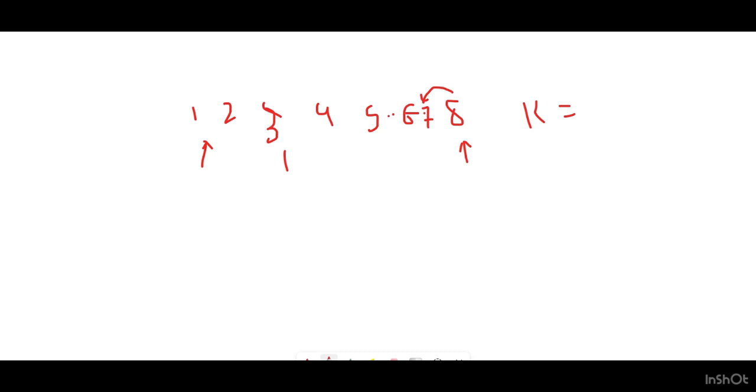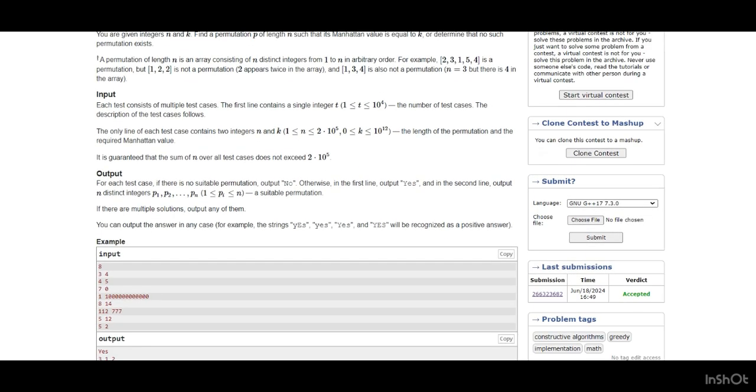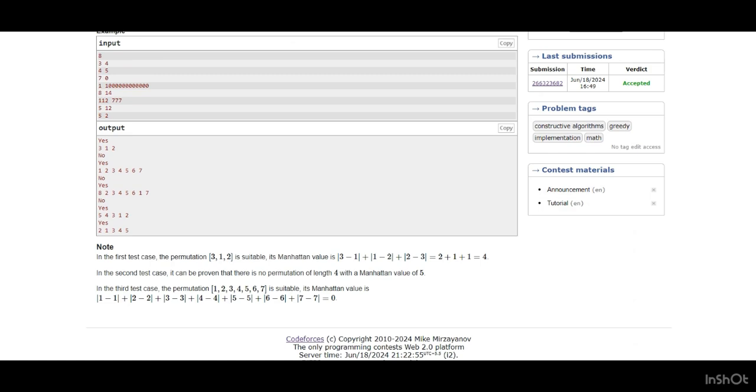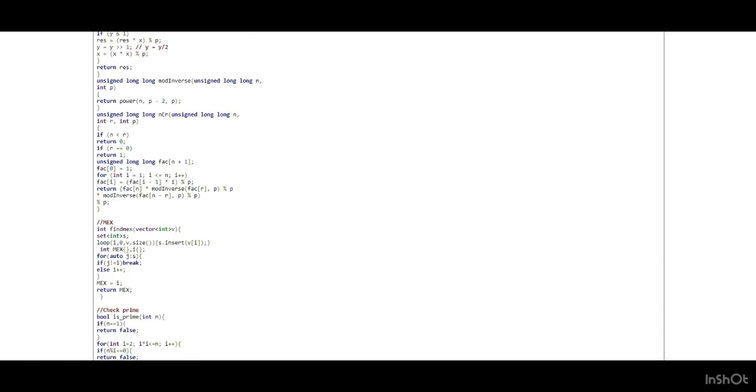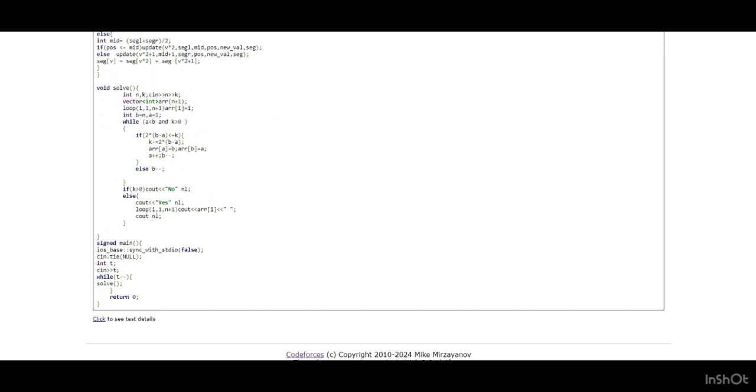So here is the code that I found. First I have created a vector arr, and I am using one based indexing. I have initialized my vector with arr[i] equals i, and I have maintained two pointers, one at the end and another at the start.